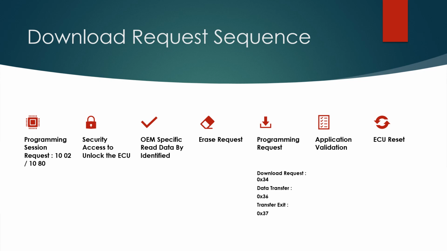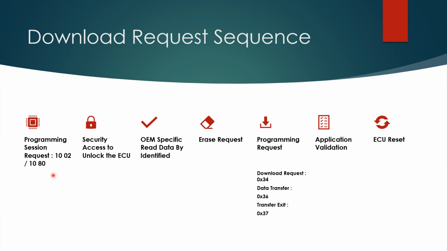The first step is the programming session request, where we send the 1002 request. Definitely you need to understand the concept of sending a UDS request and getting the UDS response. I already mentioned that in my previous video, and if you do not know, I will add a link for that video.